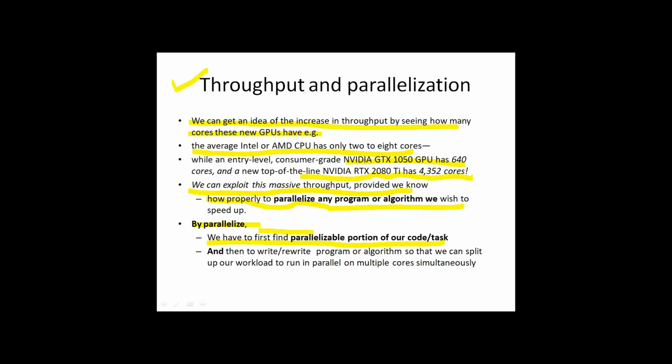If we are processing a huge array and performing the same operation on different elements of the array, that is single instruction multiple data, then of course we can parallelize the processing of different elements of our matrix or array. It means that we have to rewrite the program or algorithm so that we can split up our workload to run in parallel on multiple cores simultaneously. That is, we will have to rewrite our program in parallel to achieve parallelization.